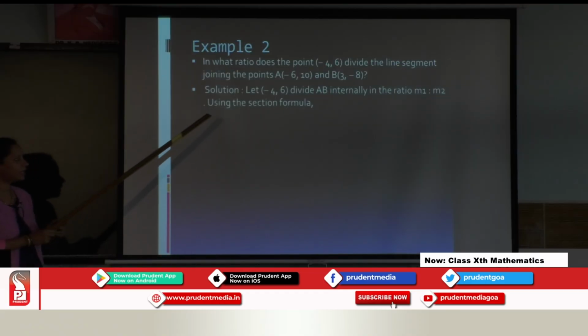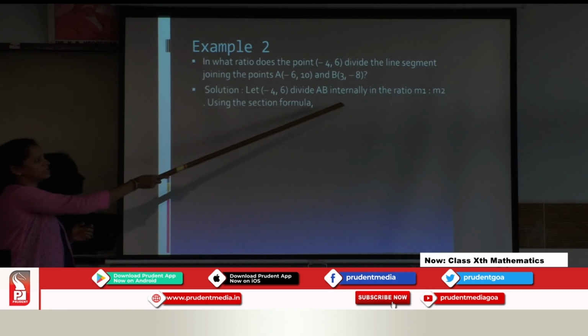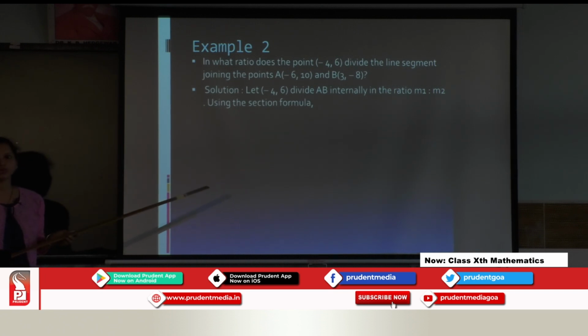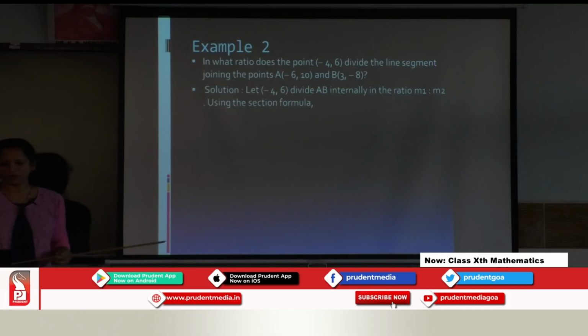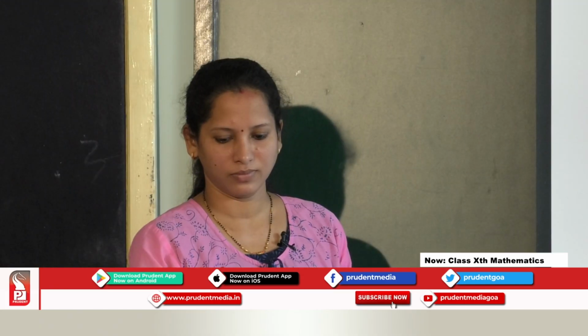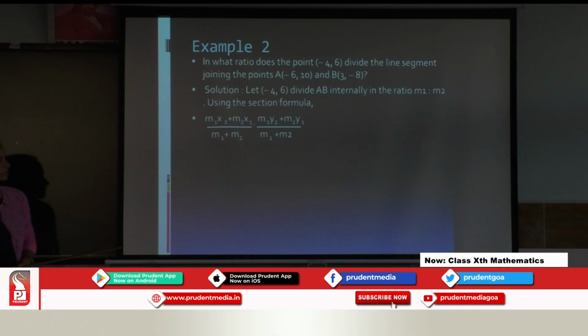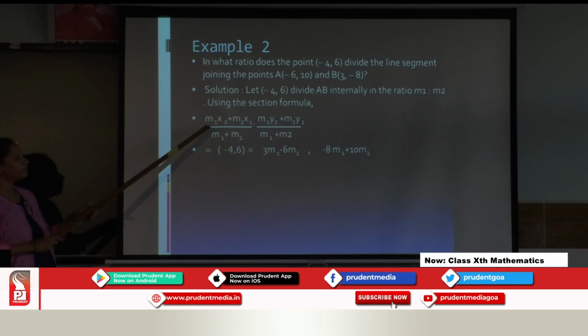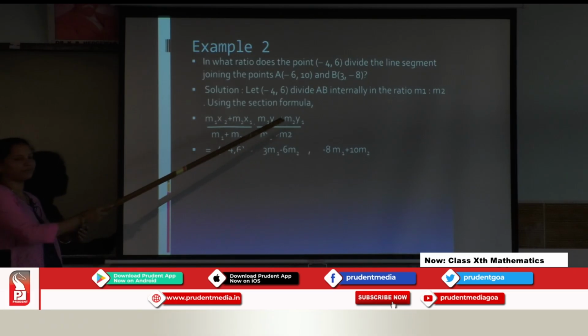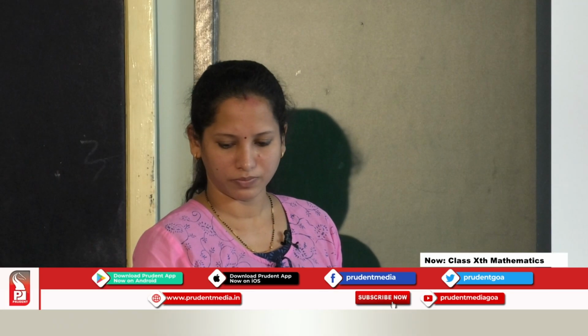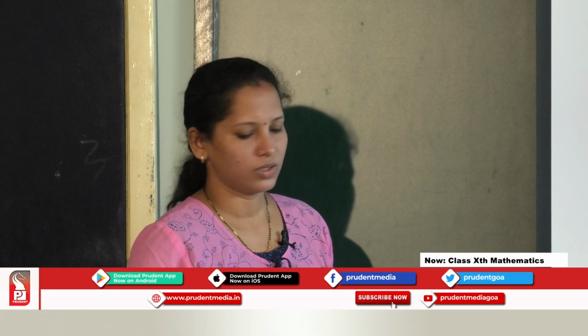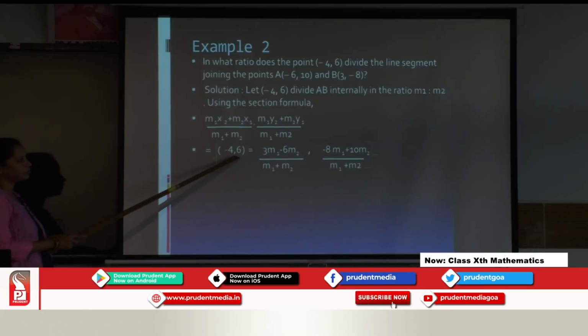So, let (-4, 6) divide AB internally in the ratio M1 is to M2. Using the section formula, that is (M1 x2 plus M2 x1) upon (M1 plus M2), (M1 y2 plus M2 y1) upon (M1 plus M2). So that's why (-4, 6) is equal to M1 x2.